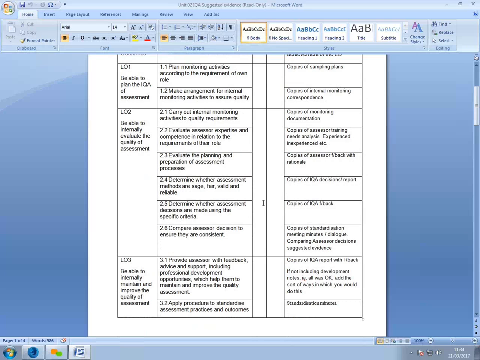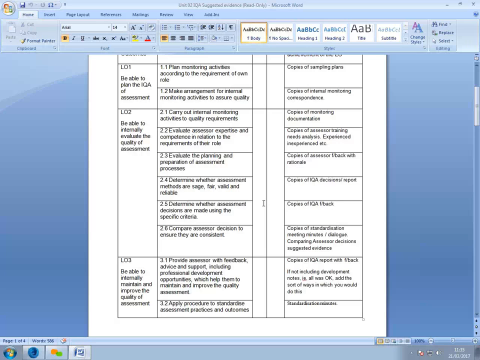Point four. Determine whether assessment methods are, that's a funny word, fair, valid, and reliable. So again, this is looking at assessment methods. And it says copies of the IQA decisions and the reports. If the assessment processes can be carried out properly, fair, valid and reliable, then that will say so in the IQA decisions and reports.